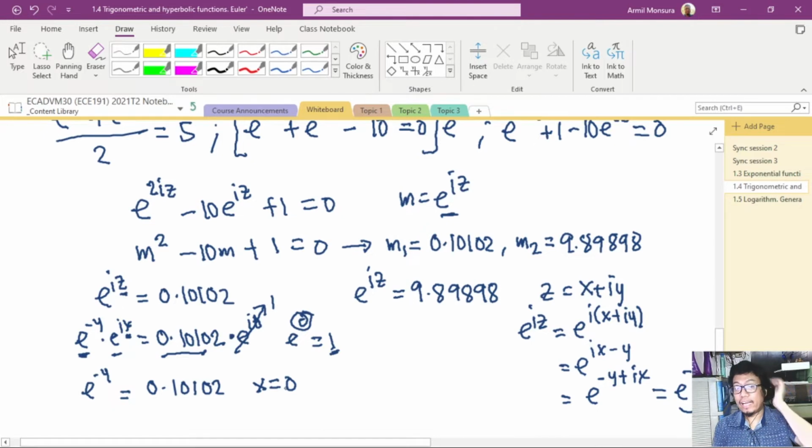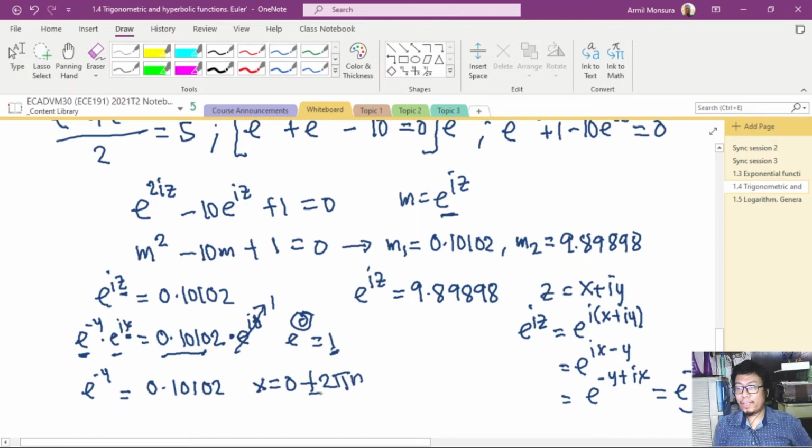a principal argument, as we have established in the previous lesson. You can find the other numbers associated with e raised to ix by adding multiples of 2 pi to the principal argument.